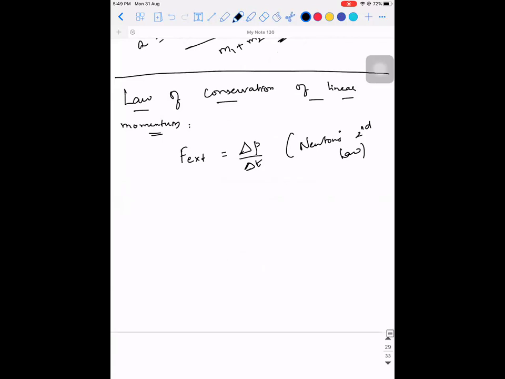Now, when I use the word conservation, conservation means it is preserved. Means nothing is lost. So what is conserved in this case? Linear momentum. Whatever is the initial momentum of the system, the same is the final momentum of the system also. Okay. So delta P is nothing but final minus initial divided by time, this F external.